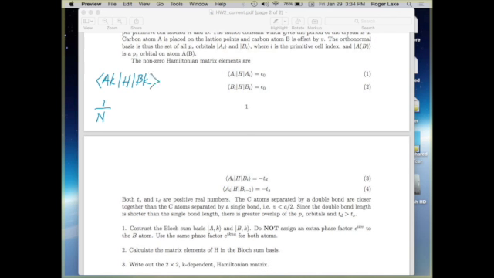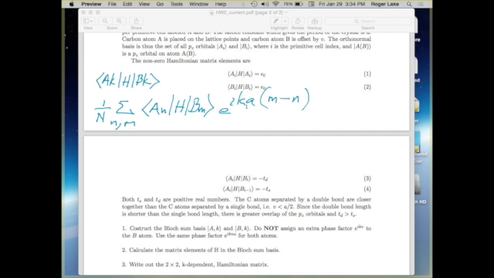The only way you can evaluate this is to expand out the block sum, and so then you have 1 over big N, the sum over N and M, of A_N, H, B_M, e to the i k a times (M minus N). That's what you're going to have.